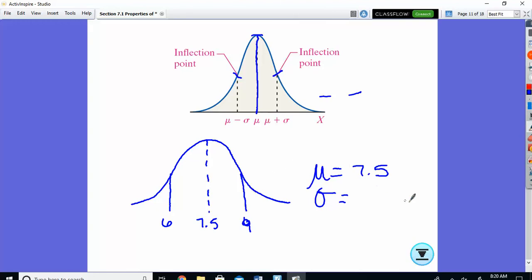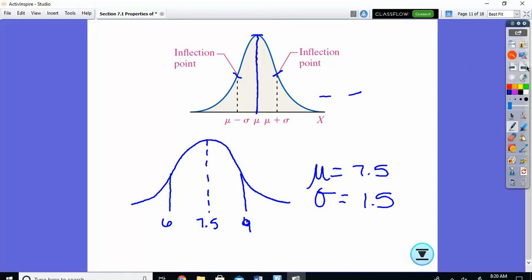So this particular normal distribution has a mean of 7.5, a standard deviation of 1.5. So if I gave you some graphs, could you pick out that information from them? So there's like 3 of your homework questions right there. Just looking at that curve and identifying them.